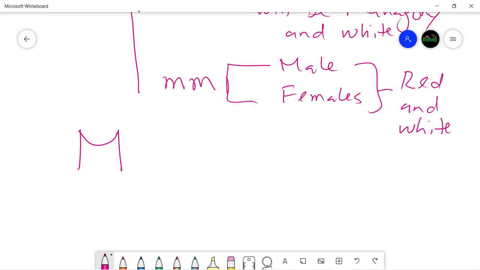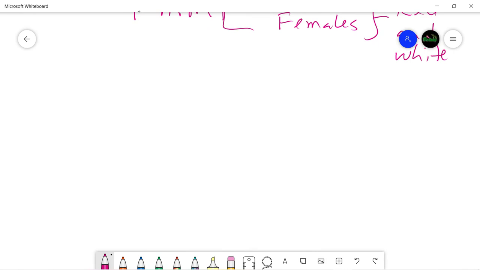So let's make a cross and see how this particular pair of alleles is inherited or transmitted, and then how the phenotype appears in the offspring or in the progeny. So let's make a cross. The cross is between red and white, this is female, and a mahogany and white male.